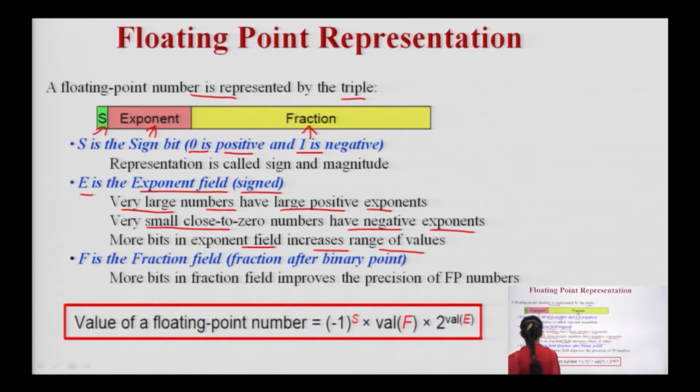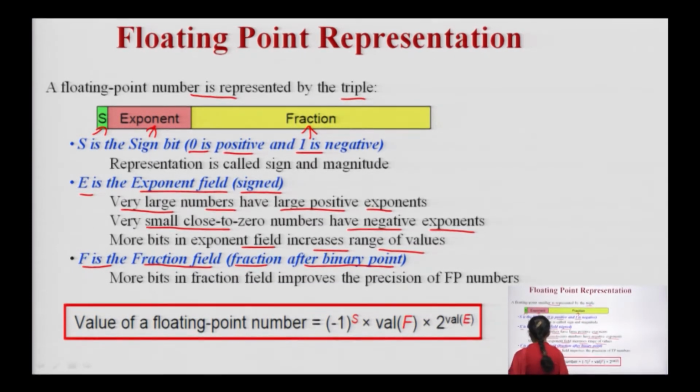The third field, known as the fraction field, represented by F, tells the fraction after the binary point. Here we are assuming that the numbers are normalized. What is normalized? We are moving towards that.